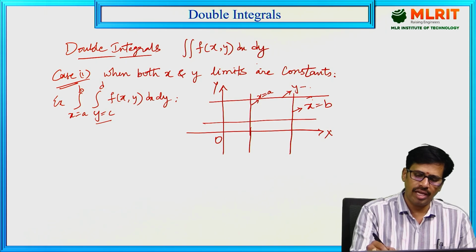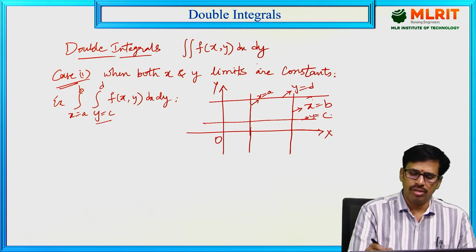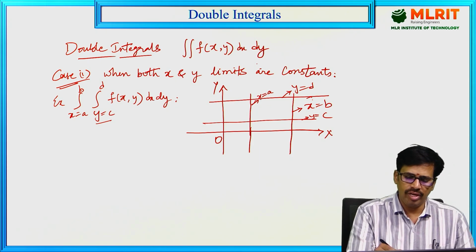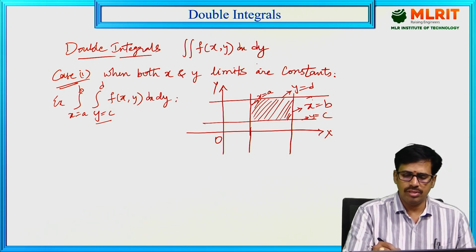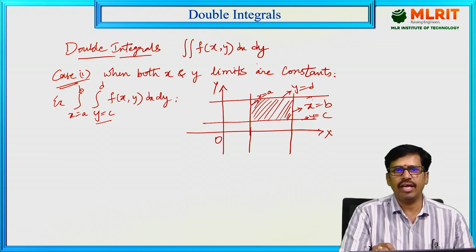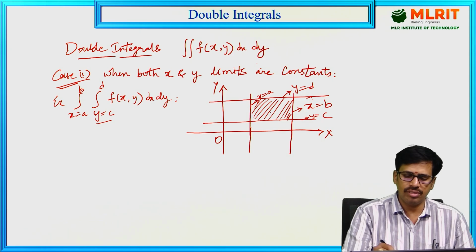So between these two lines and these two lines we have to find. So where is the common area? The region of integration is this one. This is the area. Double integration means we are finding the area of this region, right?